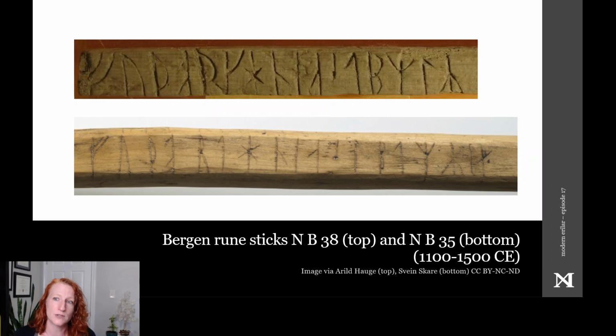This is quite evident when we look at the top of the rune rows here. This is B38 from Bryggen in Bergen, and B35 is one of those only 8 inscriptions from Bryggen as well. That second inscription has added 2 additional runes at the end, but the vast majority of the rune rows that we see look like the top inscription here.